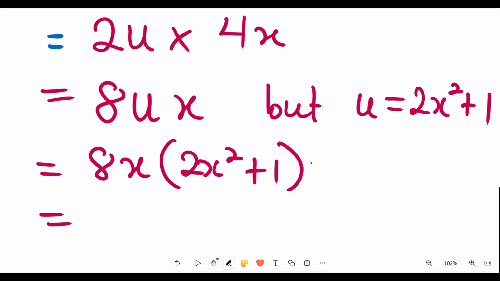And this will give us 16x cubed plus 8x.